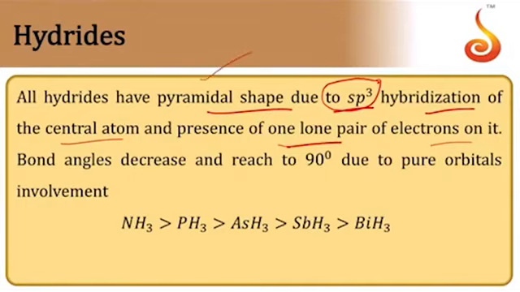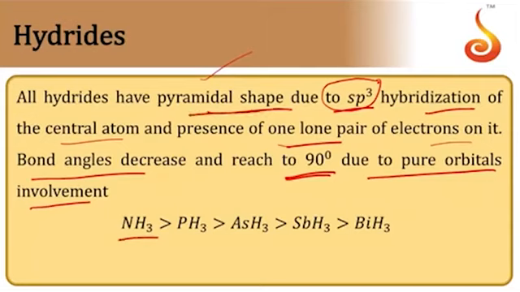Coming towards bond angles: they decrease and reach 90 degrees due to pure p orbitals being involved down the group. Down the group we can see that pure p orbitals are involved in the formation of hydrides, whereas for ammonia, nitrogen is sp3 hybridized. So all hydrides are pyramidal in structure due to sp3 hybridization and the lone pair of electrons.